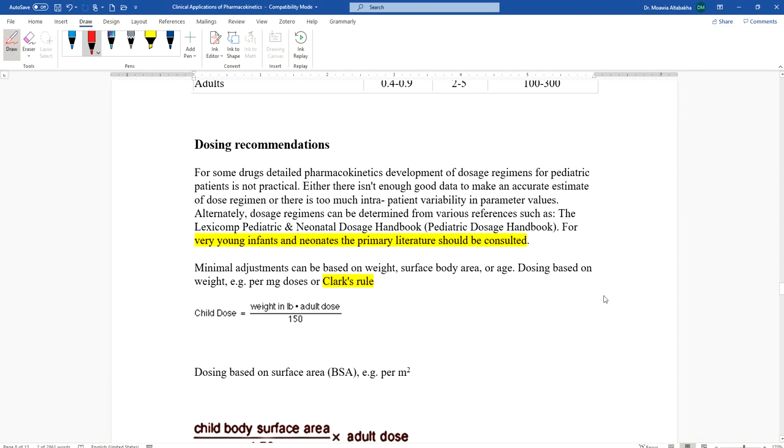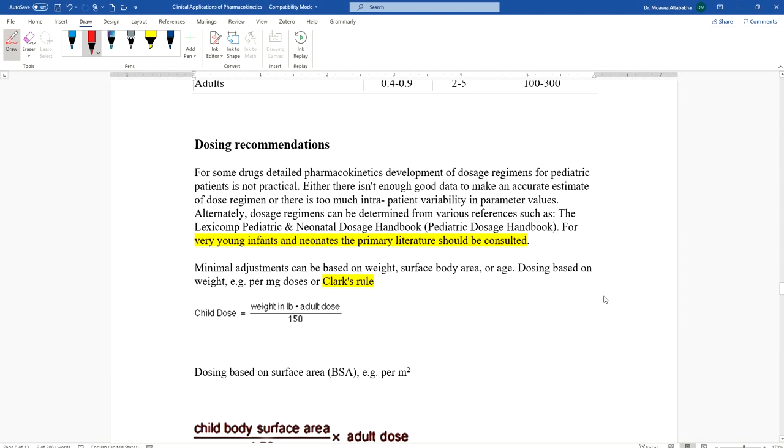Today we will continue part 2 of the clinical applications of pharmacokinetics. Previously, in part 1, we discussed what are the different things in children that can influence the pharmacokinetics of the drug.